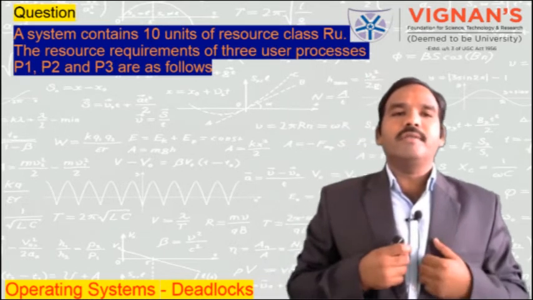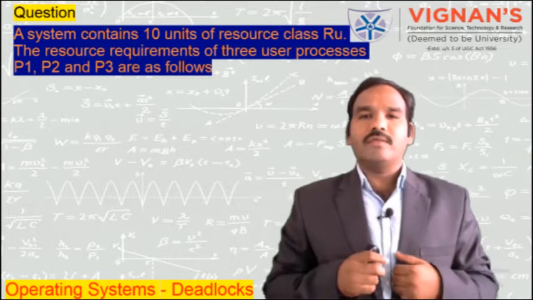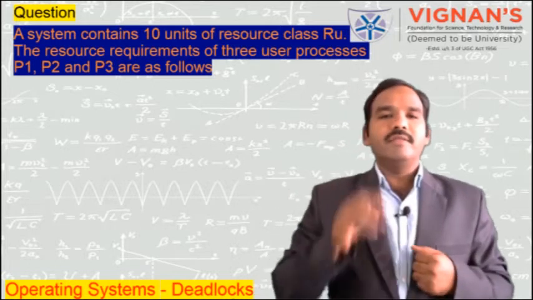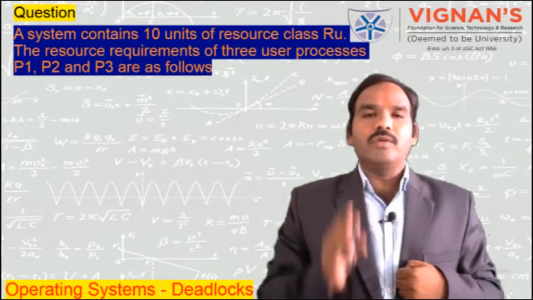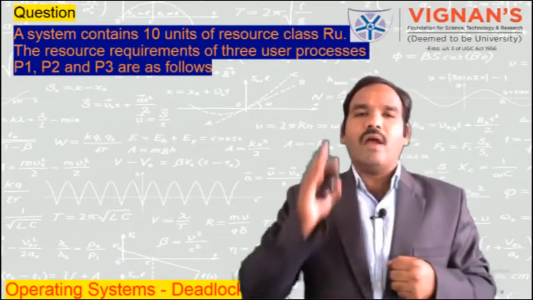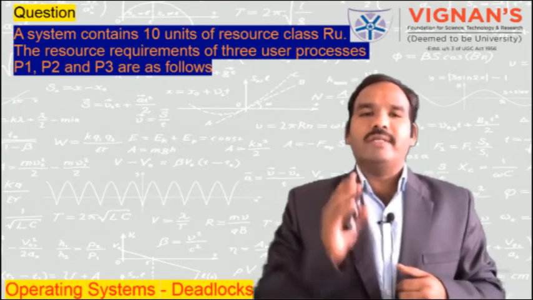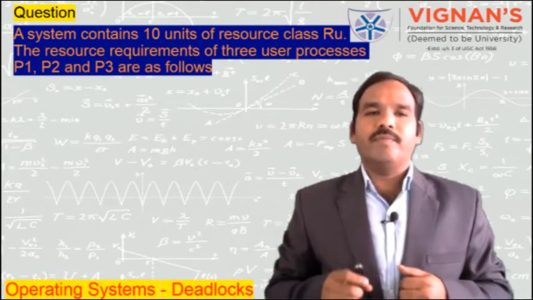The question is, a system contains 10 units of resource class RU. There is a resource class, and that resource class is represented using the letters RU. How many units of that resource? 10 units of that resource.